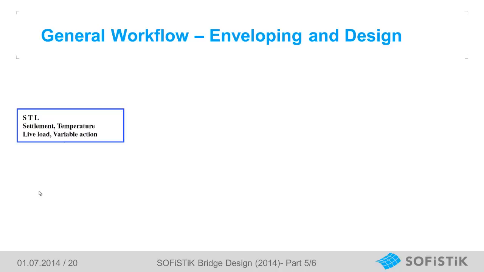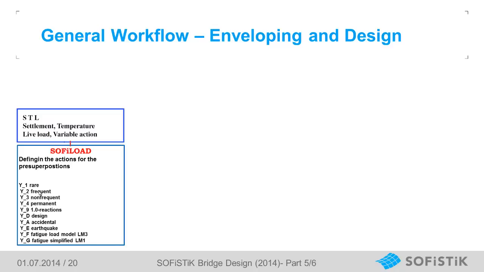We used the temperature and also the live load, or the variable actions. We made a pre-superposition, but before that I showed you that I defined in the program SOFiLOAD actions, so containers, for the pre-superposition of the variable loads like y_d for the ultimate limit state design, so for the design combination.